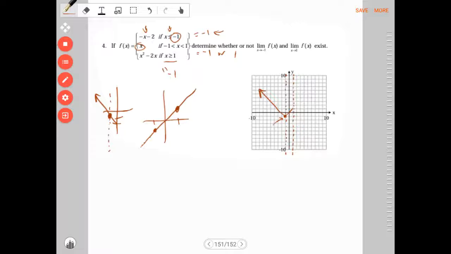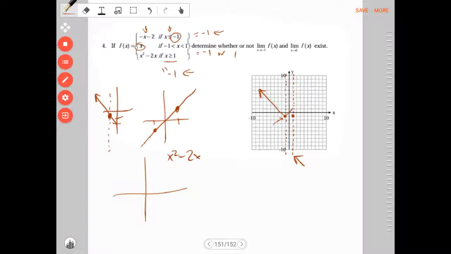Well, that's cool. Now the next one is a little more tricky: x squared minus 2x. You can graph this on your graphing calculator to get an idea of how it works. We already know that it equals negative 1 at the boundary line, this dotted line right there, and it is a closed circle there.